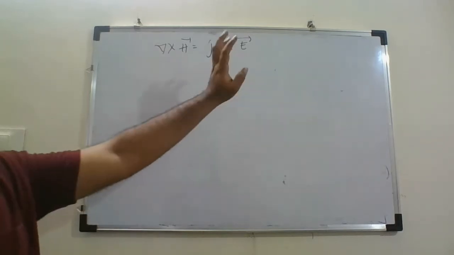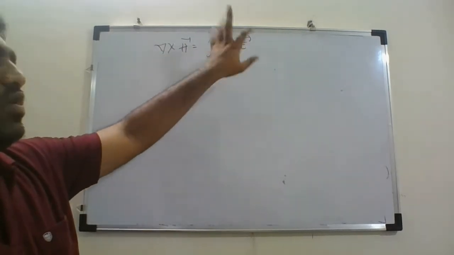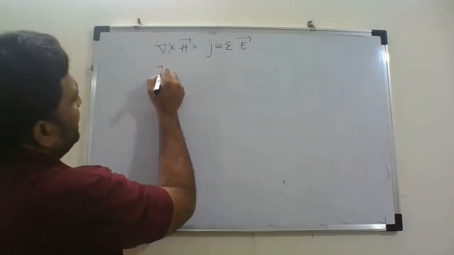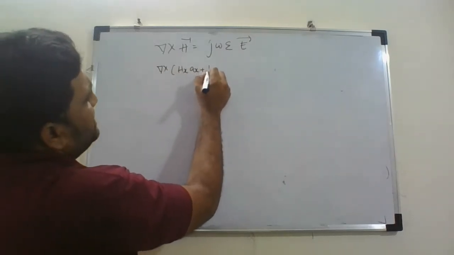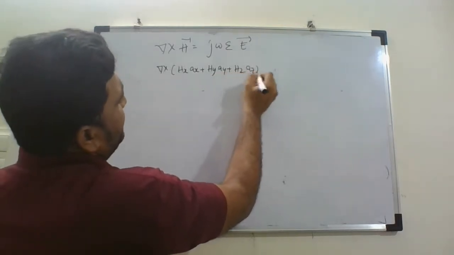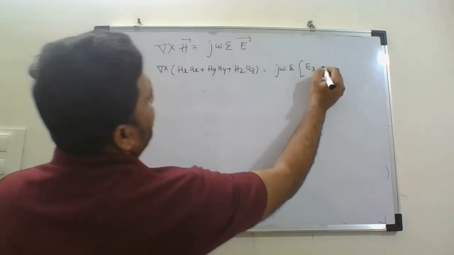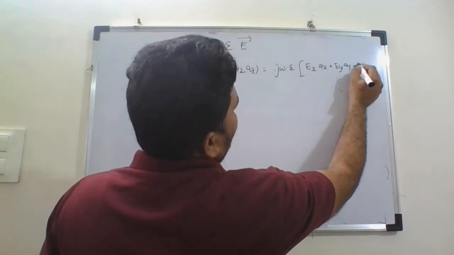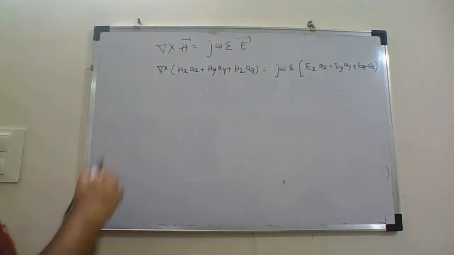Again substituting, H bar can be written as HxAx plus HyAy plus HzAz, is equal to jωε into E bar, written as ExAx plus EyAy plus EzAz. This is the expansion.